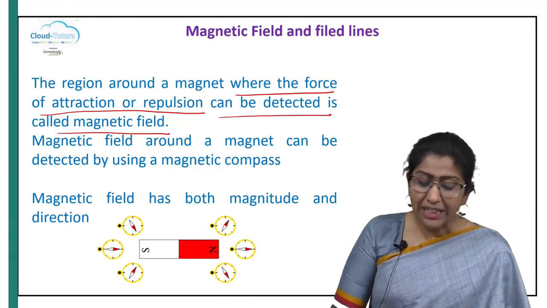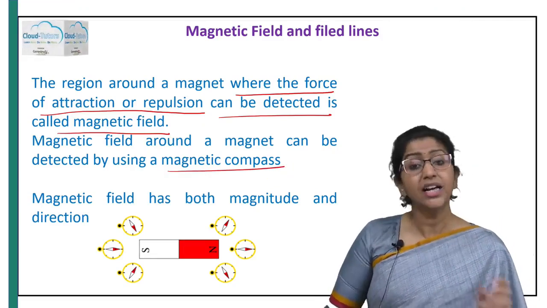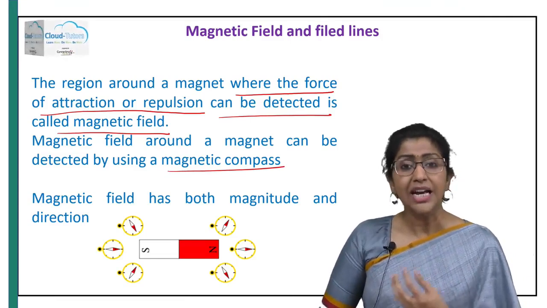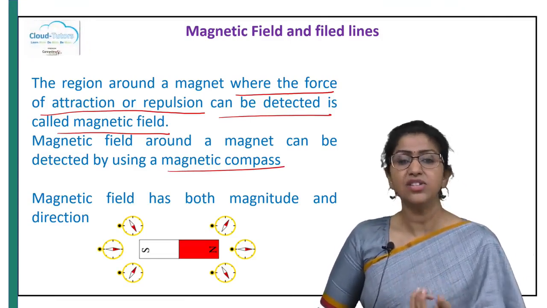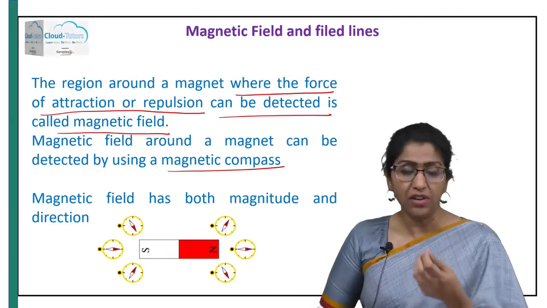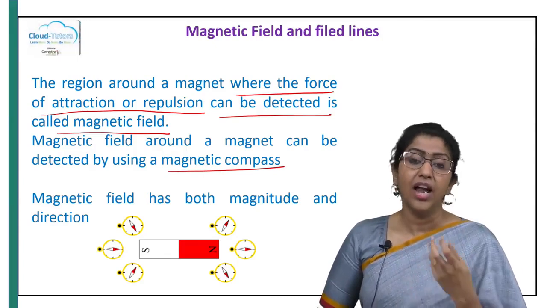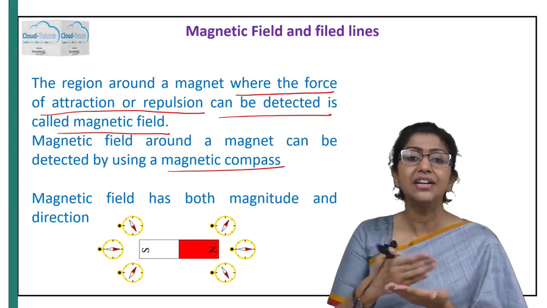Alright, so the magnetic field around a magnet can be detected by using a magnetic compass. I'm sure all of you would have come across a magnetic compass. It is used to navigate, right? By navigation, I mean, to simply put across, it is to understand in which direction we are going. Now, why does the magnetic needle in the compass deflect?